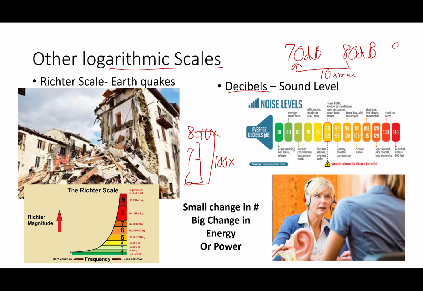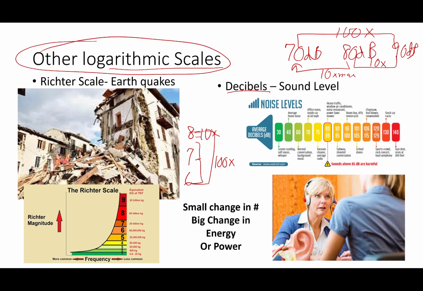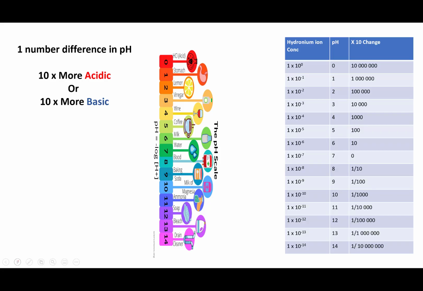But if you have a 90 dB sound, that 90 dB sound is going to be 10 times more than the 80, but the difference between the 70 and the 90 is 100 times more powerful. With 100 times more power it can actually damage your eardrums. These are wacky scales, the math is unusual, and it's difficult on us mere mortals.